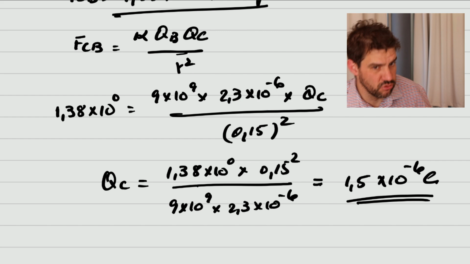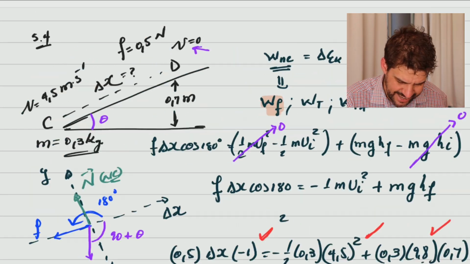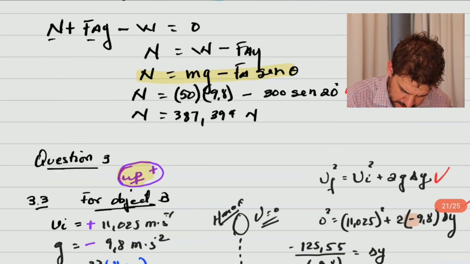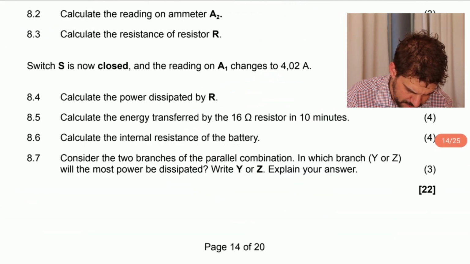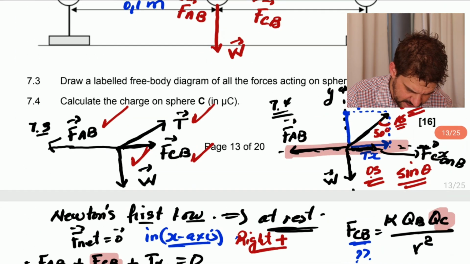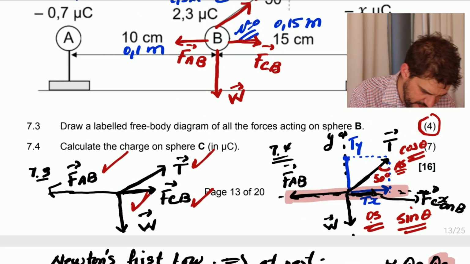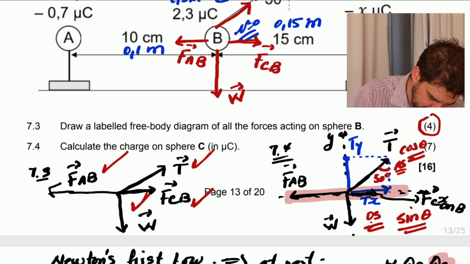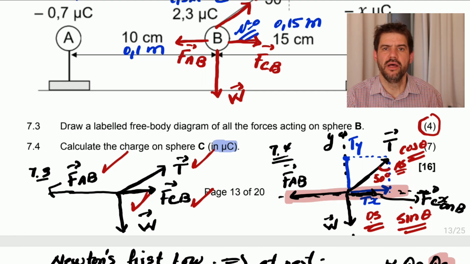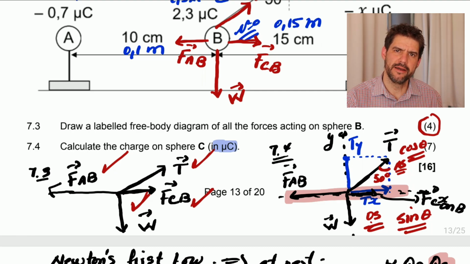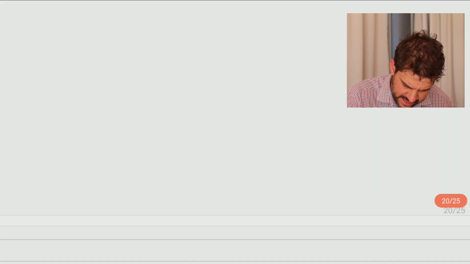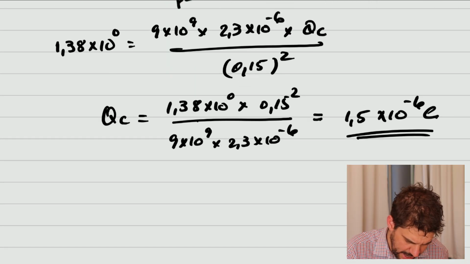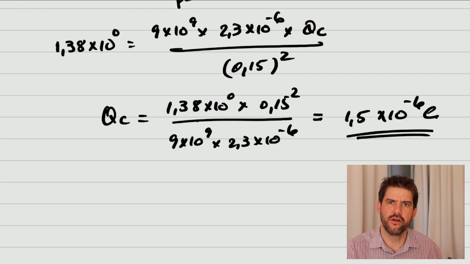But let's go back to the question, because there is something I just want to make sure. I don't want to make a mistake here. If I'm not mistaken, they ask for the charge in microcoulomb. There we go. Guys, they're asking for microcoulomb. So we have to move back now. In microcoulomb, the answer would be just 1,5.